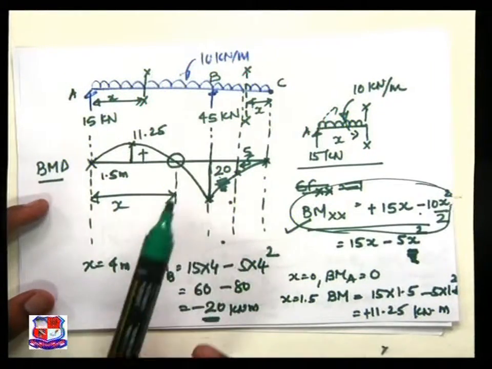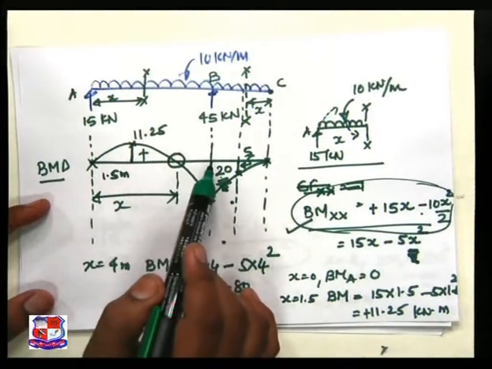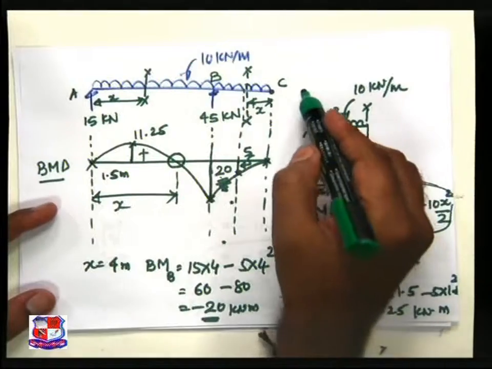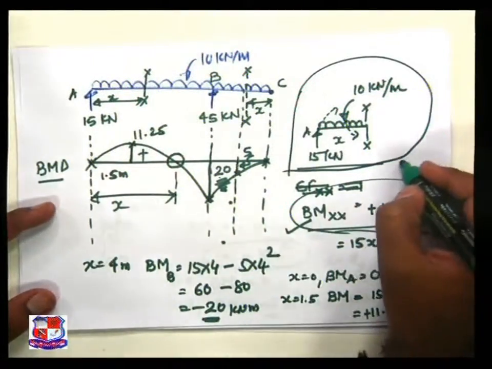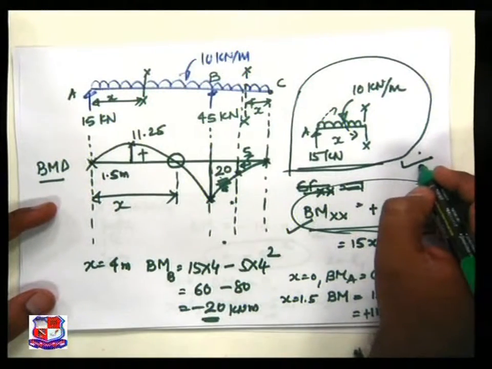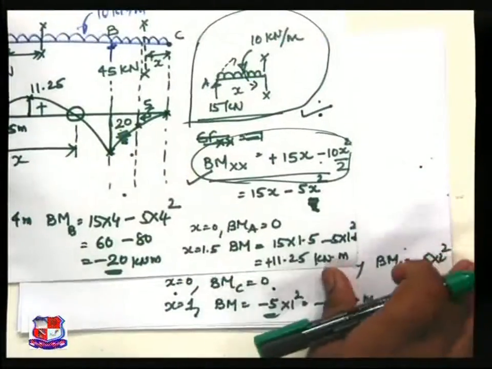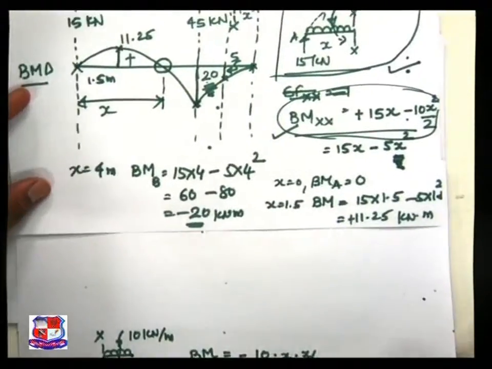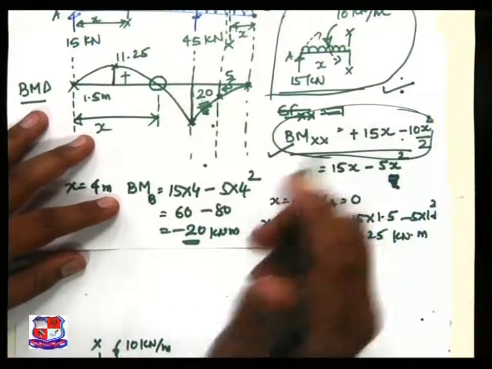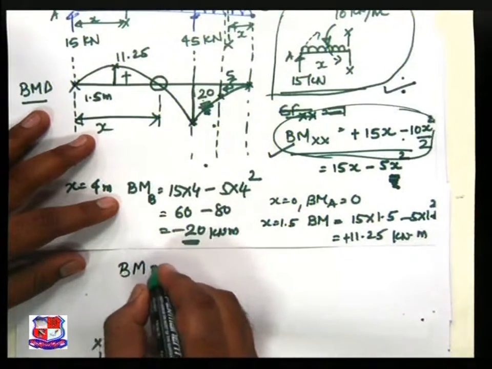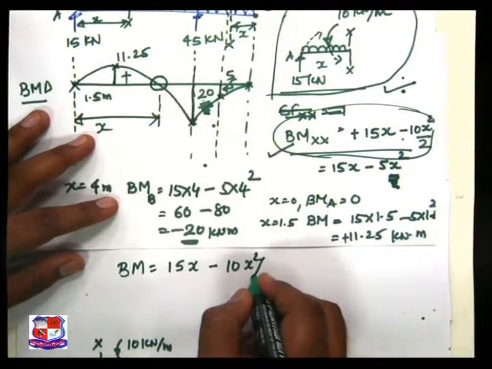So our first observation is that the bending moment is 0 between A and B. So this free body diagram we can use to find the point of contraflexure. We have an equation of bending moment equal to 15x minus 10x square by 2.